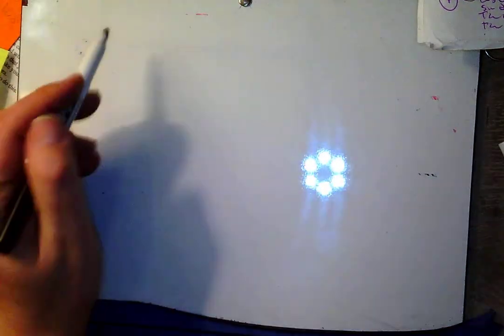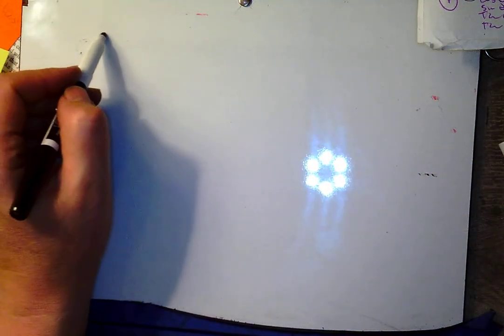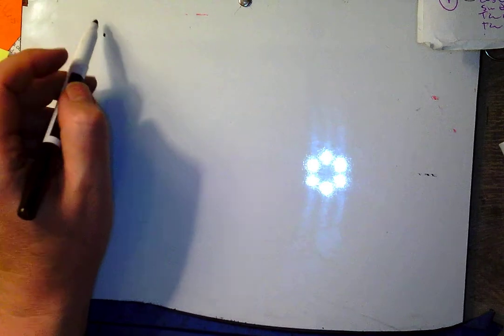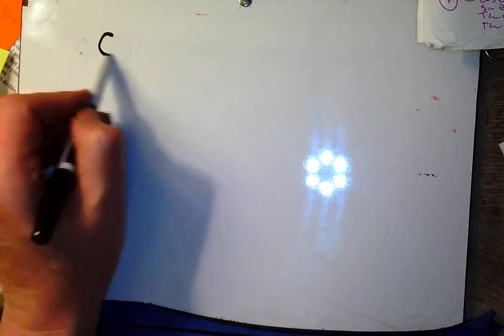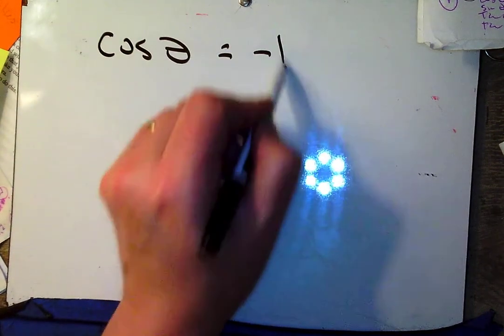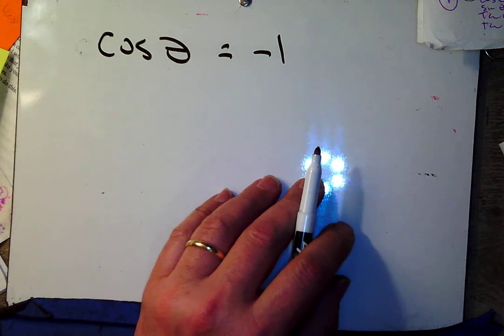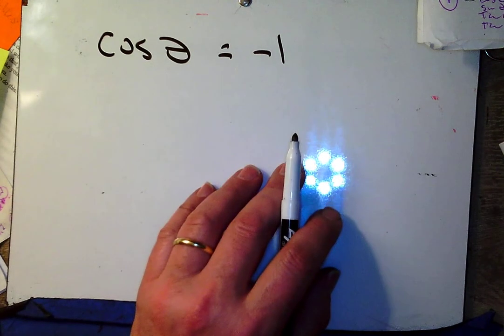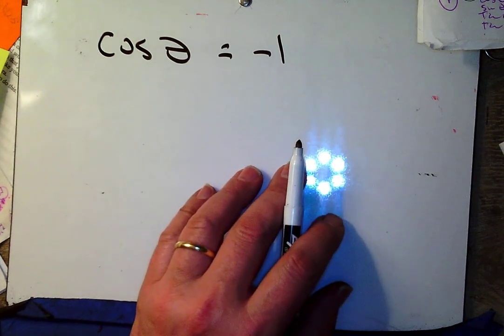What if I have something like cosine theta equals negative 1? What do you mean you don't know what to do with that?